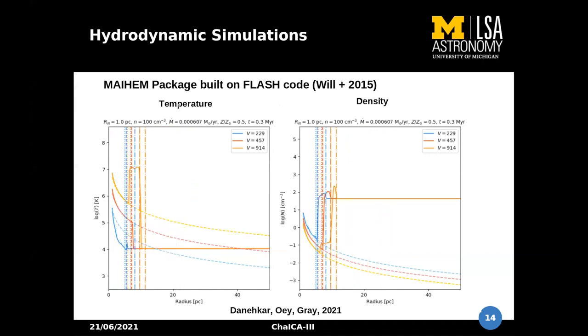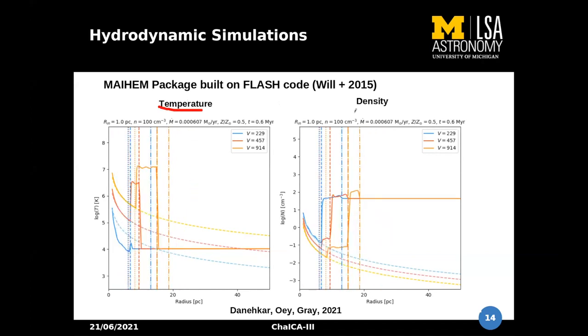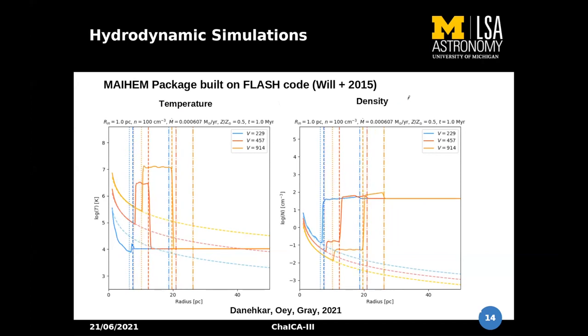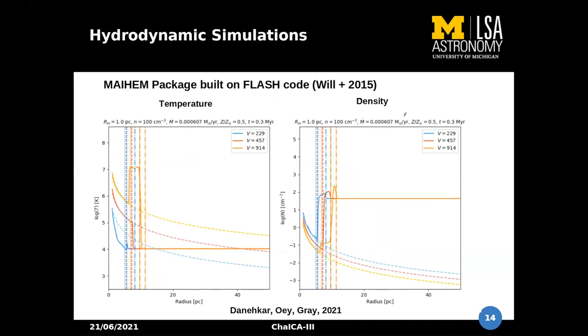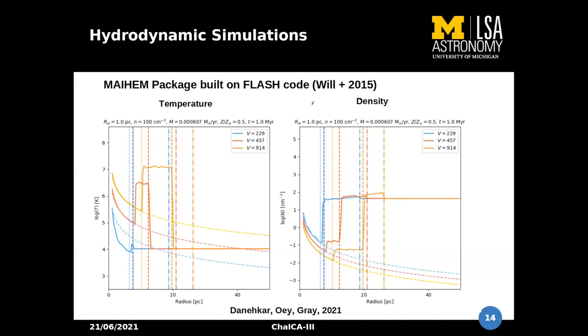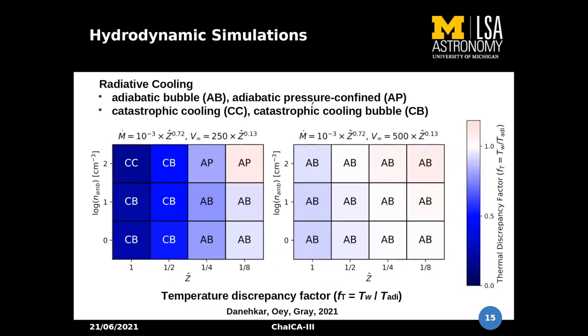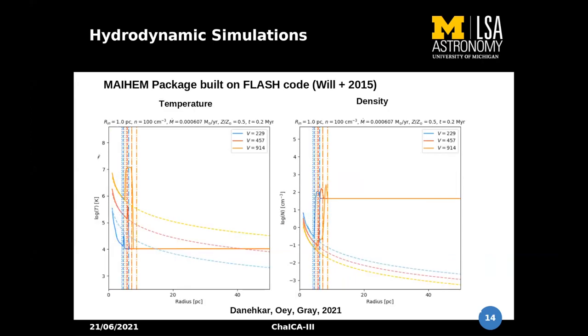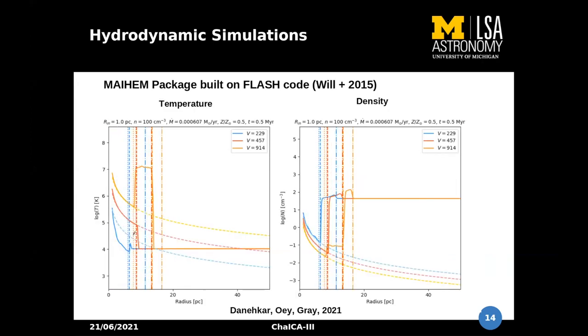On the left, you see temperature, and on the right, there are densities. So in the density also, you see the formation of shells. And we did a series of grid simulations, and we classified them based on the temperature profile, based on the deviation from these dashed lines, the adiabatic solutions.